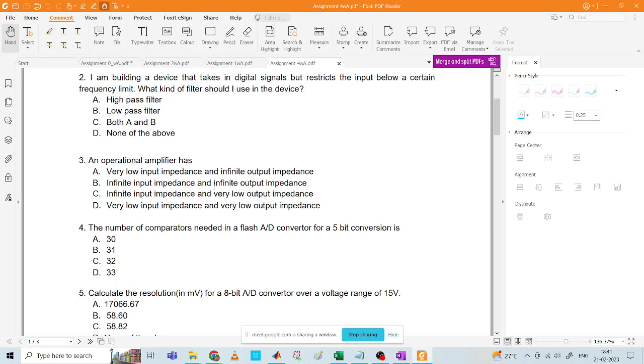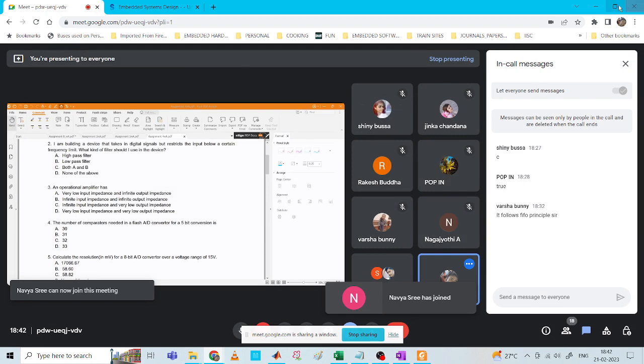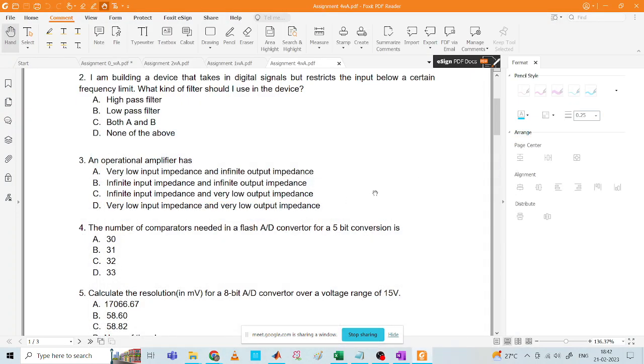Can you answer question number 2? Low pass filter, sir. Yes, low pass filter. Okay, so, high pass filter, sorry. High pass filter.